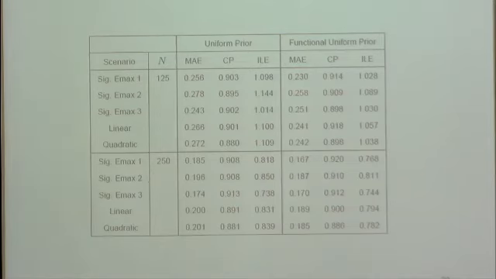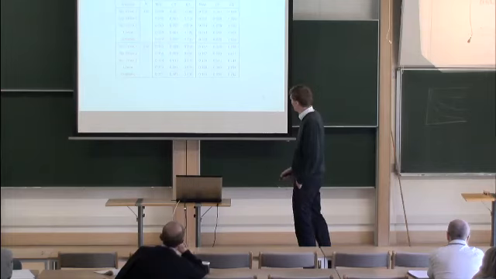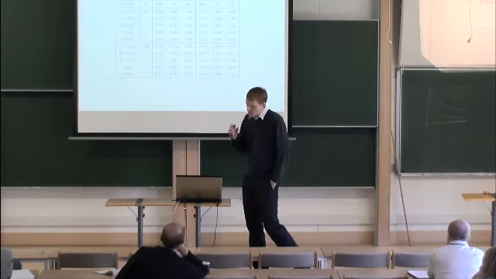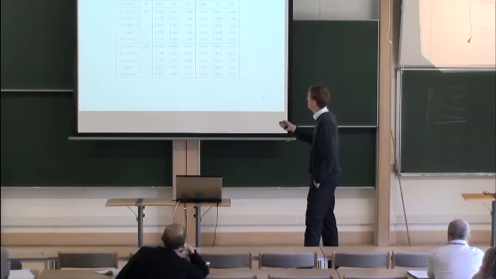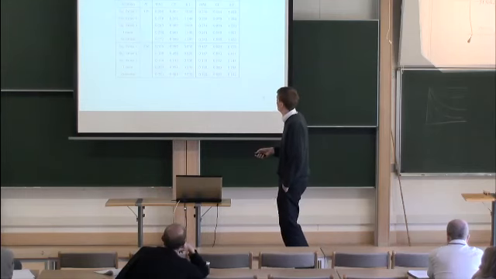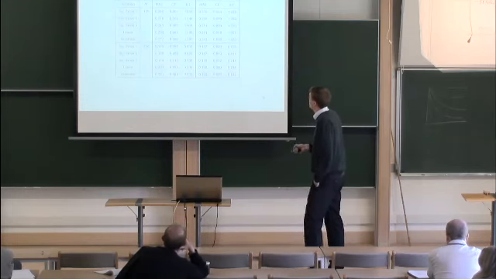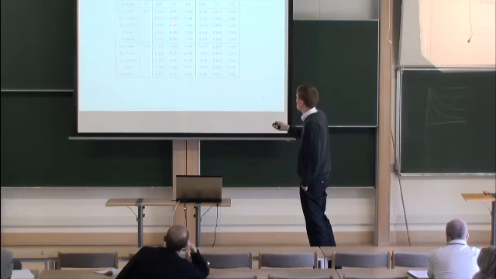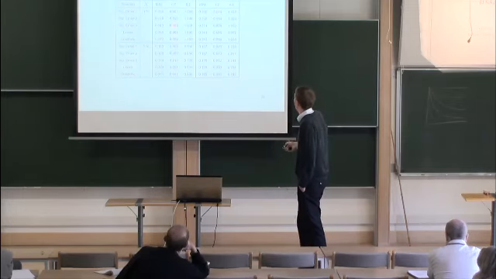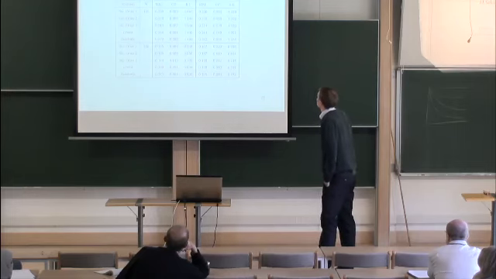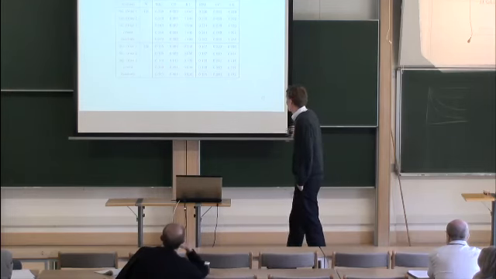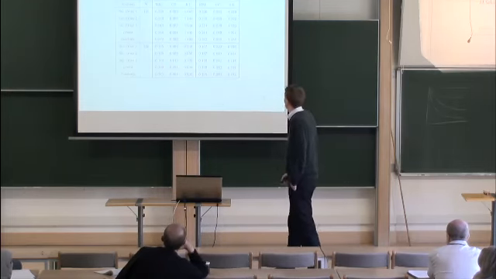CP here is the simulated confidence level. So I calculated credibility bands for the estimated curve, 90% credibility bands, and I looked at how often those actually covered the true value. And you can see that it's roughly at the level that you would expect, 90%, maybe apart from the quadratic model where it's a little bit smaller than 90%, but both of these priors led to a quite good coverage.